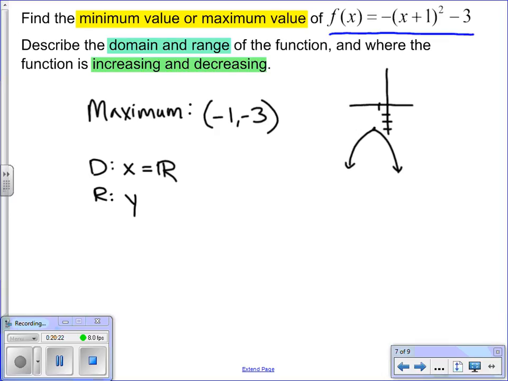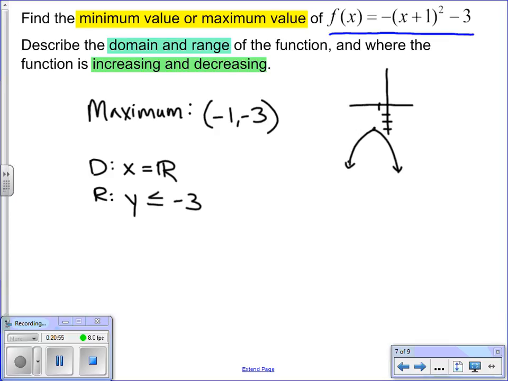And because I have a maximum, what's the highest point I can get to on the y's? Negative 3. Make sure you use your k value for range, because k is like your y. And it's everything less than that. So it's y less than or equal to negative 3. So I have domain and range.